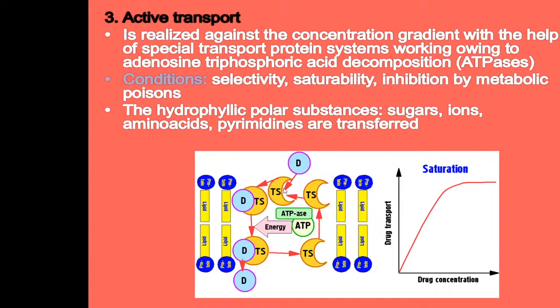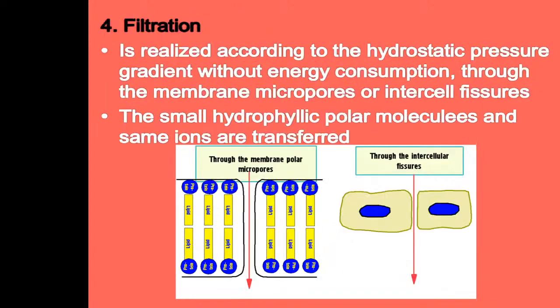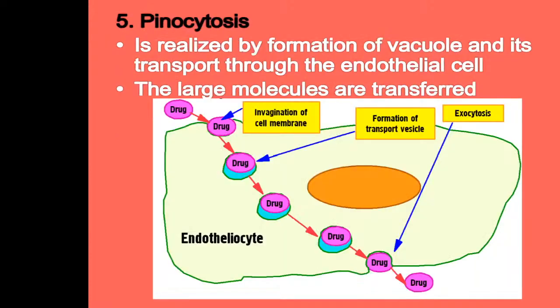So we see three mechanisms: passive diffusion, facilitated diffusion, and active transport. This is transport through membranes. One more, pinocytosis. Pinocytosis is a mechanism of transportation also through the cell membrane, but it is very specific.